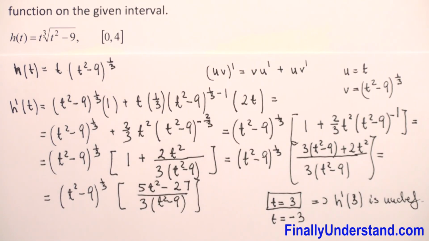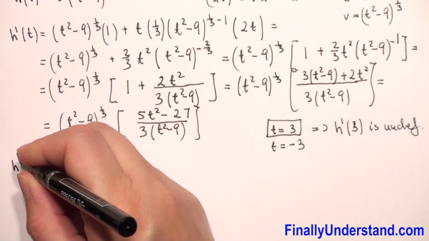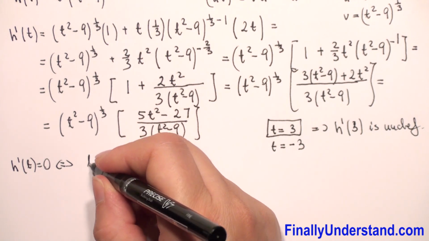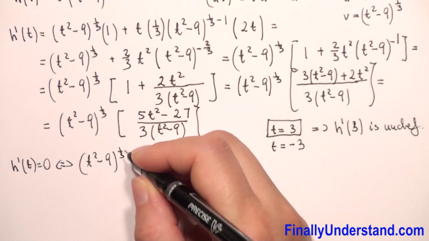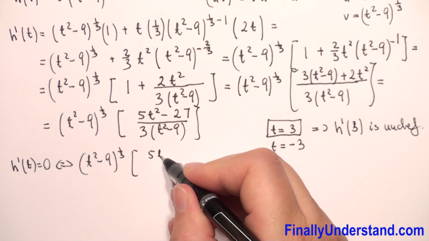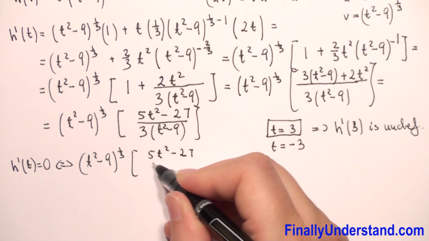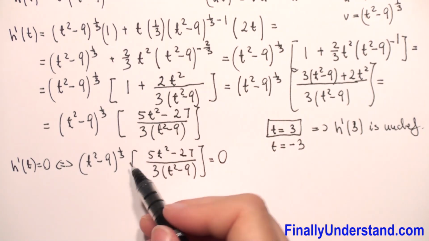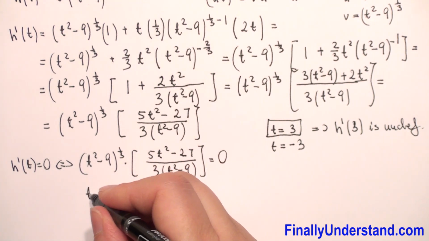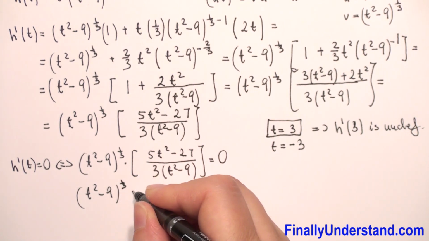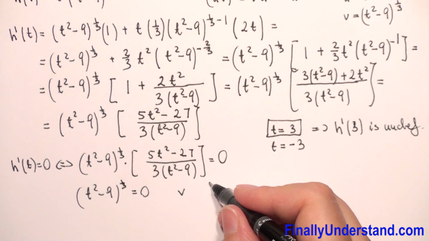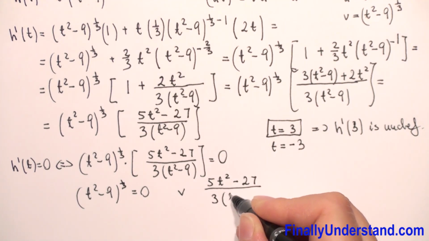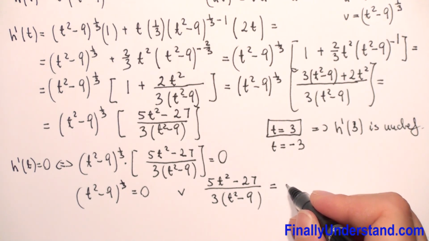Now we have to set our first derivative equal to 0. h prime of t is equal to 0 if and only if we have (t squared minus 9) to the power 1/3 times (5t squared minus 27) over 3 times (t squared minus 9) equal to 0. Because we have multiplication, we have two equations: (t squared minus 9) to the power 1/3 is equal to 0, or this whole expression, (5t squared minus 27) over 3 times (t squared minus 9), is equal to 0.